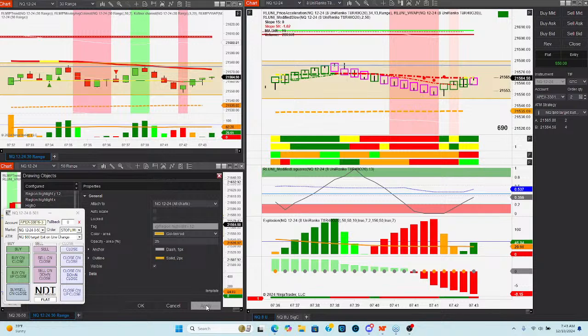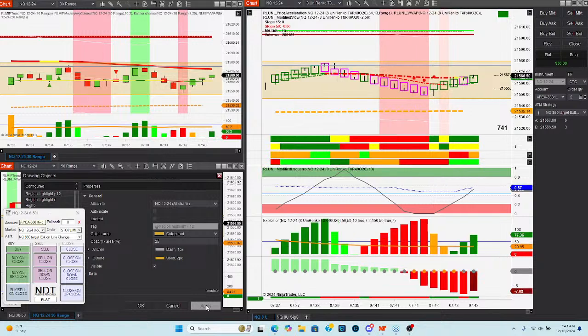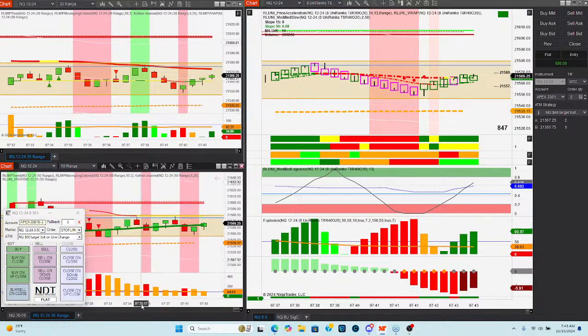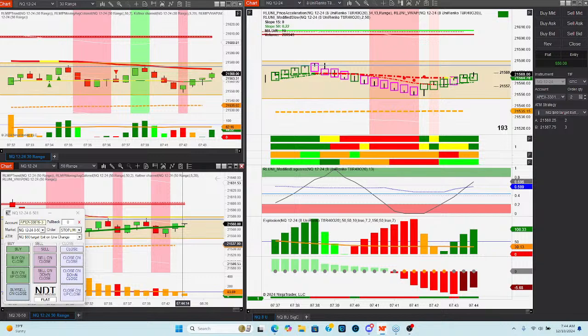There we go. Now I want to trade outside of this box. That should get me outside of this, because this is flat right here. You shouldn't be trading a flat 50.